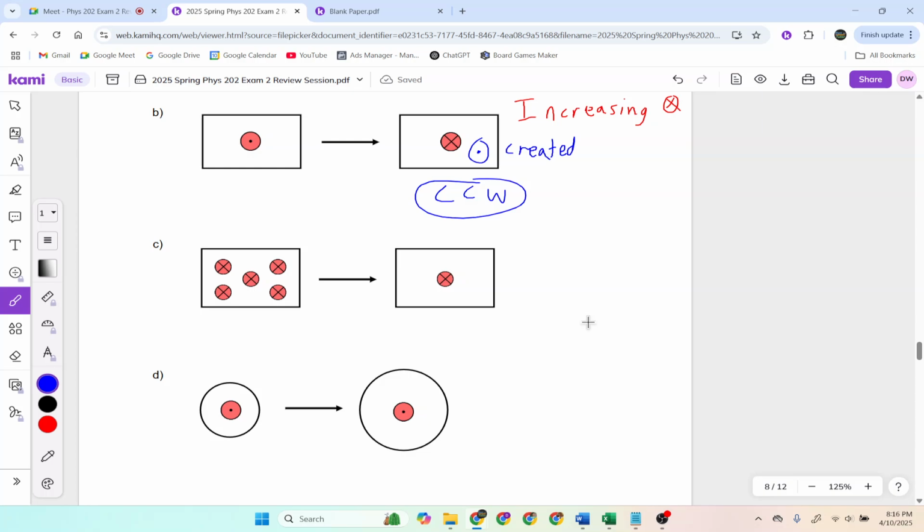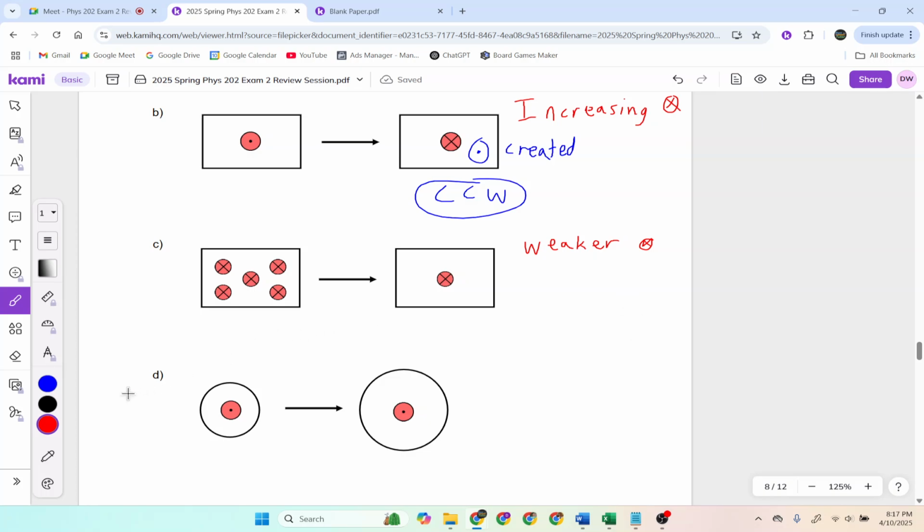Okay, C. Okay, time's up. This one is getting weaker into the page.